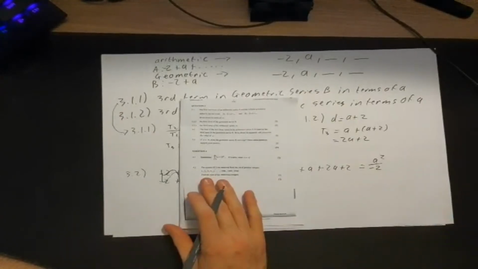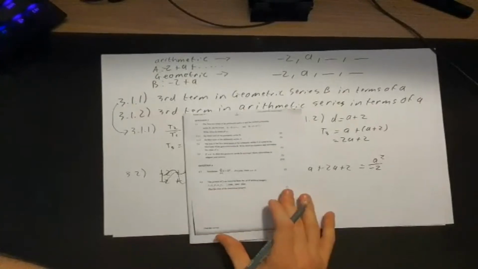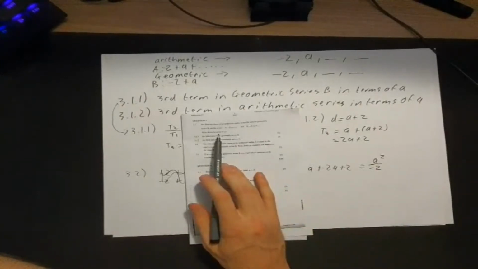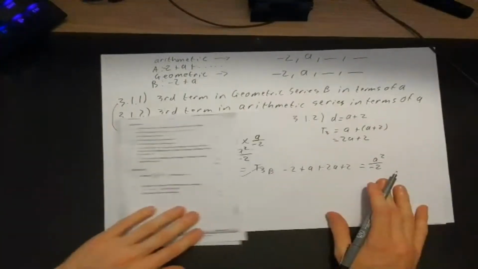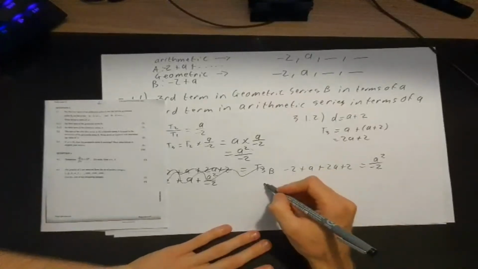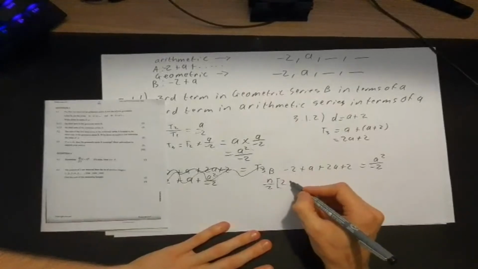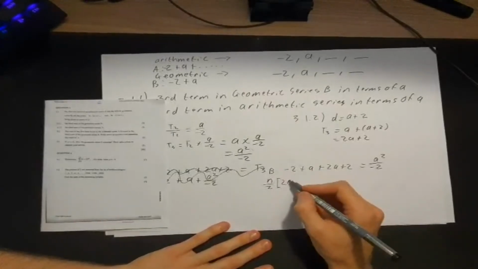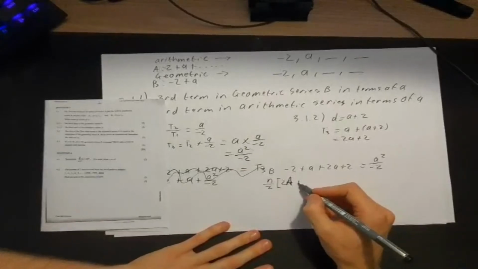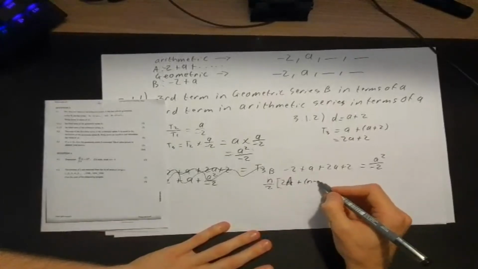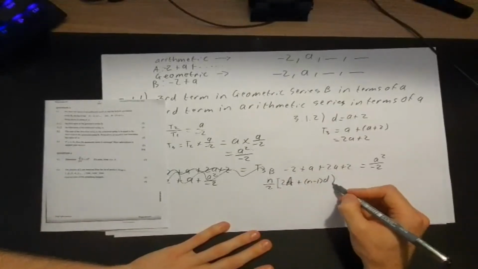So let's have a look. How do we go about doing this one? Let's look at the formula for the sum of an arithmetic sequence. That is given as n over 2, then 2 times your first term, let me call that capital A, plus n minus 1 times your common difference.